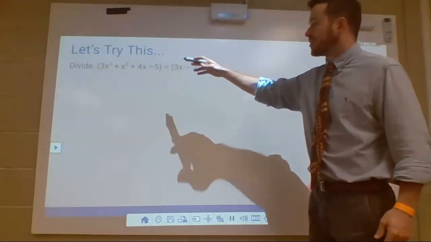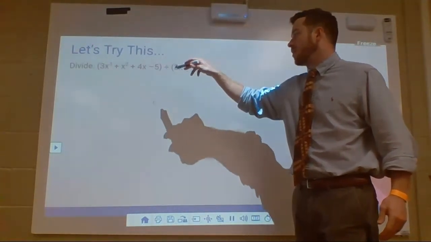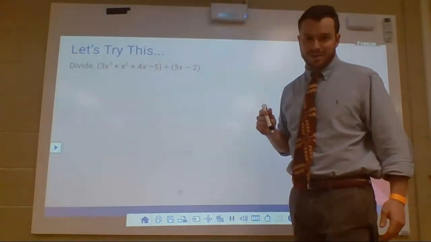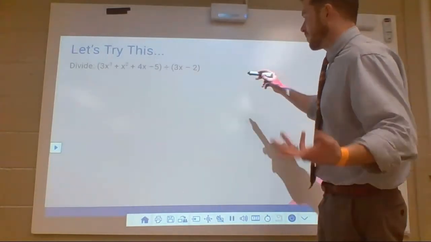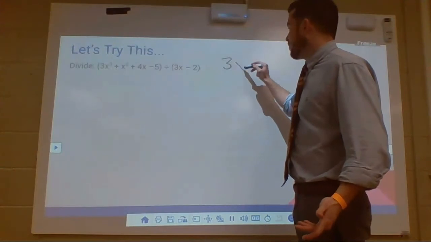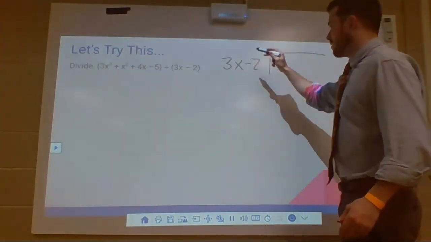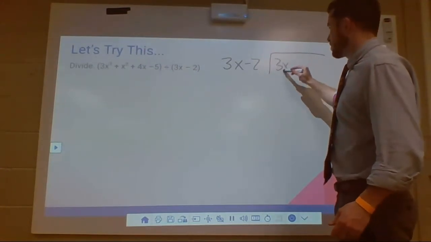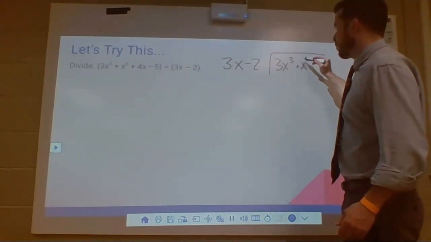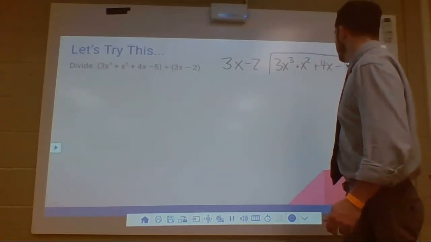All right, next we want to divide 3x cubed plus x squared plus 4x minus 5 by 3x minus 2. This one might be a tiny bit more complicated, but we're still doing the same exact algorithm that we did in the last problem. So 3x minus 2 is going to go outside the house, and then under the house, 3x cubed plus x squared plus 4x minus 5.